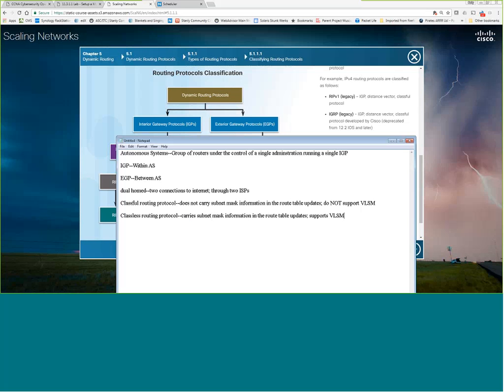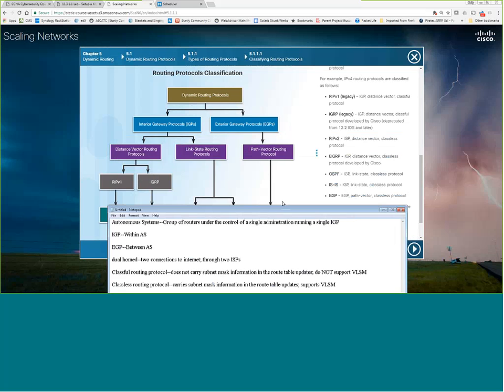In other words, if you had a classless routing protocol like OSPF, and you had the following networks, 192.168.12.0/30 and 192.168.12.4/30, those individual subnets will be what is getting advertised, not the major network of 12.0, because the subnet mask information is carried in the route table updates.